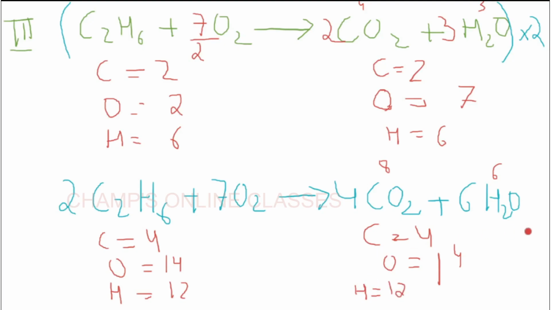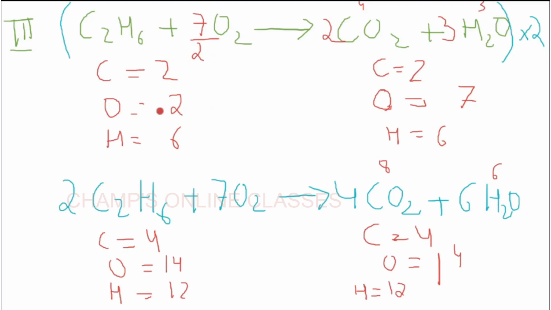I hope you people got how to balance any chemical equation. Start with the metal, go on to the non-metal, then oxygen and hydrogen, whichever you feel can be done easily. First do that, keep the last one for the end. And keep on checking the balancing in each and every step, because sometimes when you multiply for one term, the other term changes.